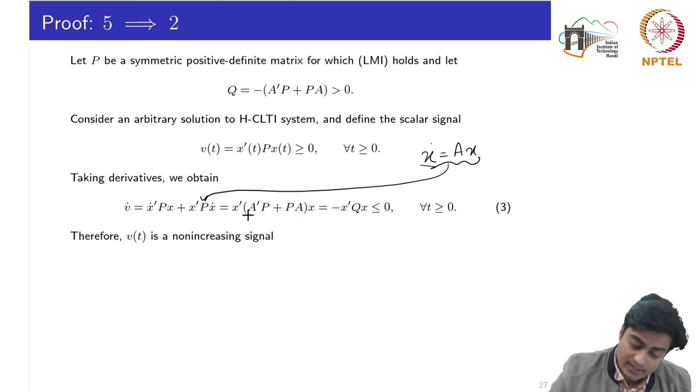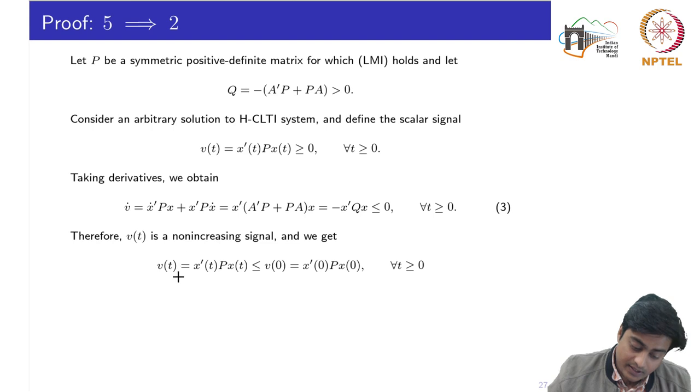Okay, so the inside part is basically the matrix minus Q. And I know that V dot is less than or equal to 0 for all t greater than or equal to 0, which means that the signal V of t is a non-increasing signal, meaning that either the signal would remain constant or the signal would decay.